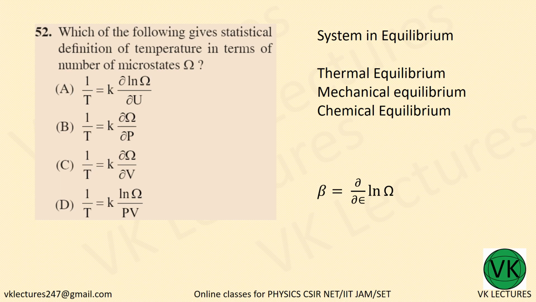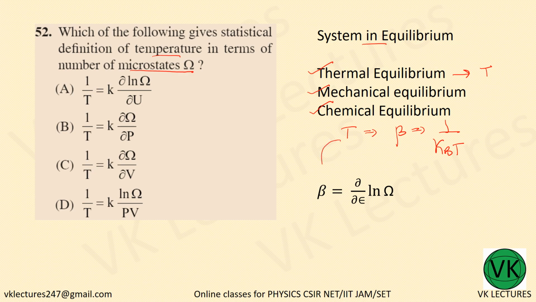Which of the following gives the statistical definition of temperature in terms of microstate omega? A system is said to be in equilibrium when it has attained thermal equilibrium, mechanical equilibrium as well as chemical equilibrium. Thermal equilibrium means temperature is constant, or you can also say beta is constant. Beta means 1 divided by kBT.